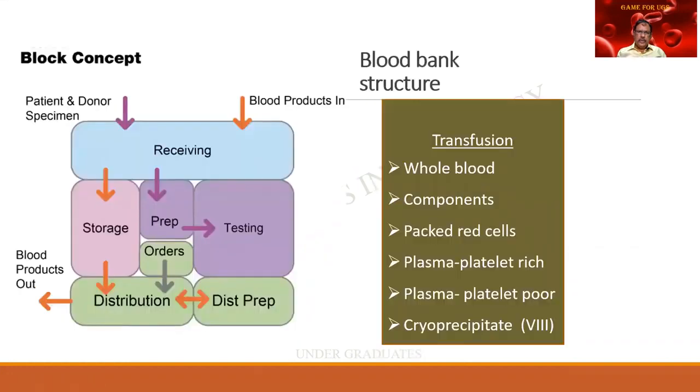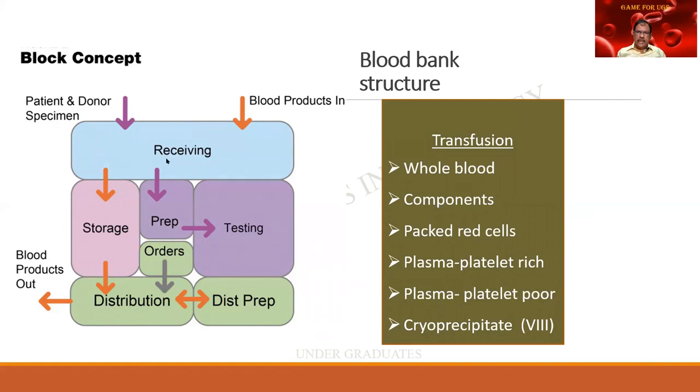I would like you students to kindly have a clear concept of the blood bank. It has got a minimum of 7 sections or compartments. And the licensing authority is not the National Medical Commission or the Medical Council of India. It is a different body, namely the Pharmaceutical Sciences.